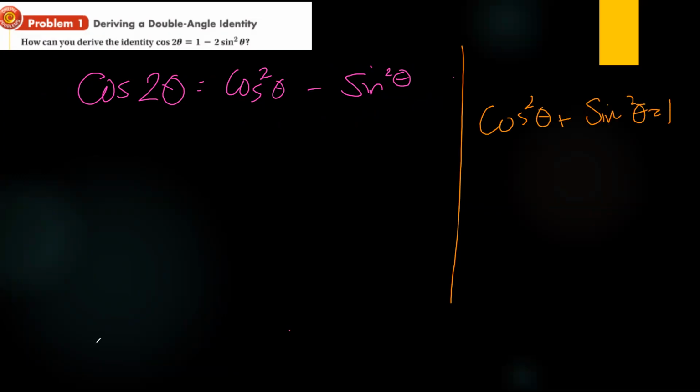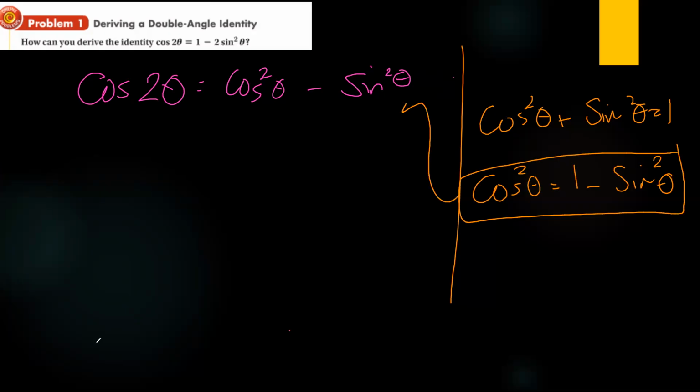So remember, cosine squared plus sine squared equals 1, and cosine squared minus sine squared equals cosine 2 theta. Now from here, we can write cosine squared of theta as 1 minus sine squared of theta.